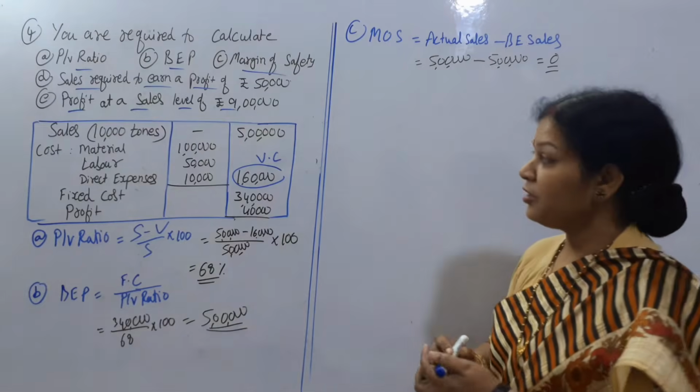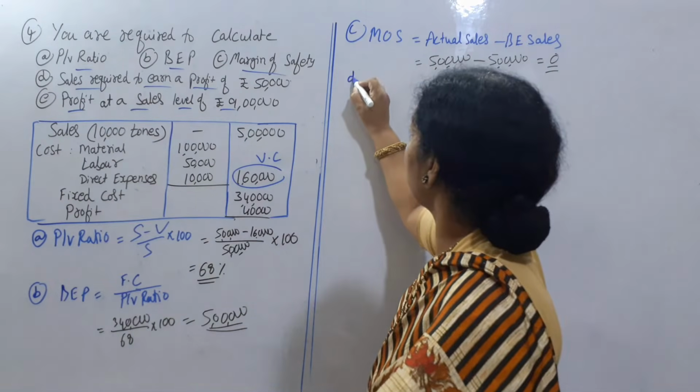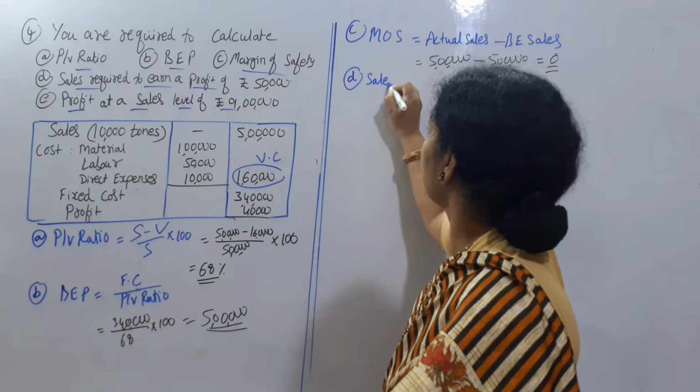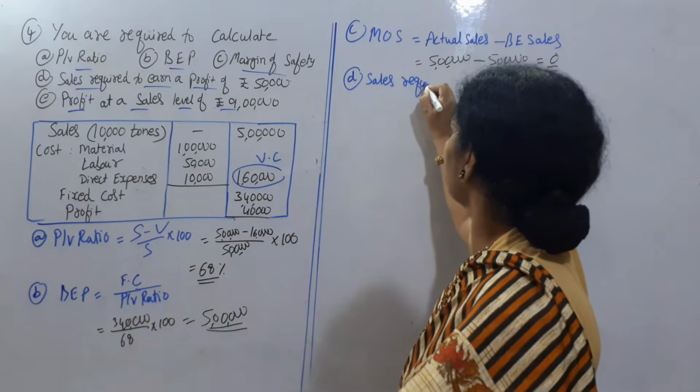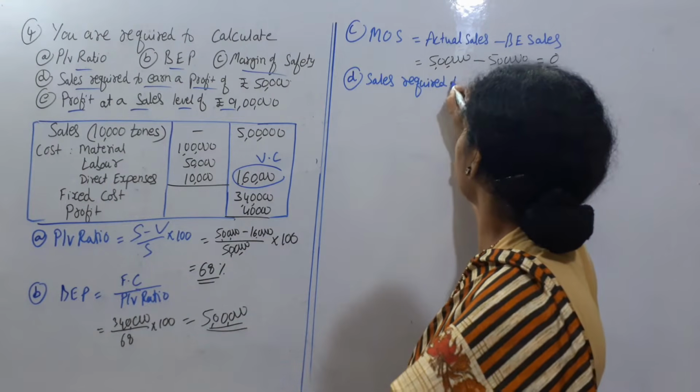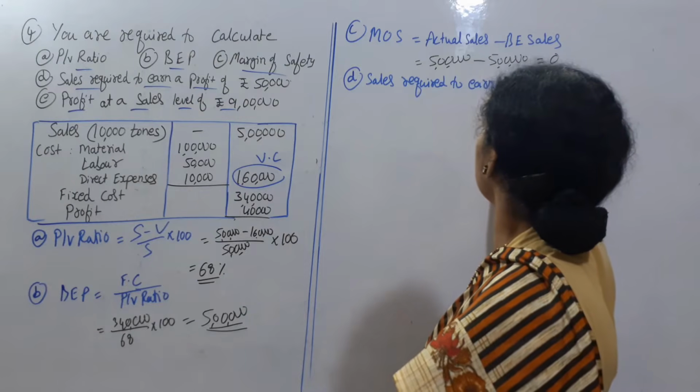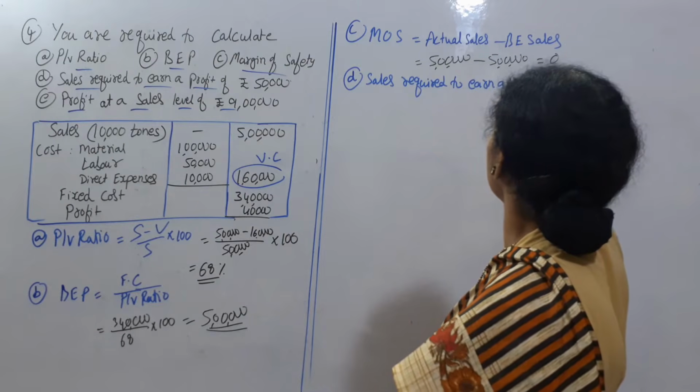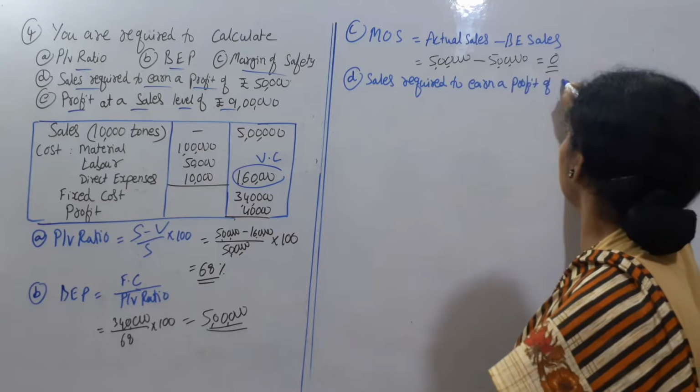Now next, sales required to earn a profit of 50,000.